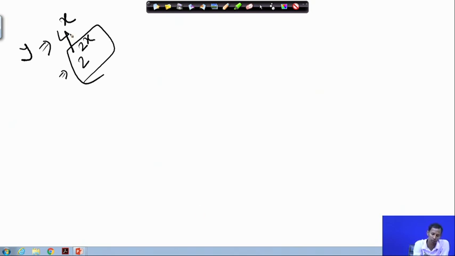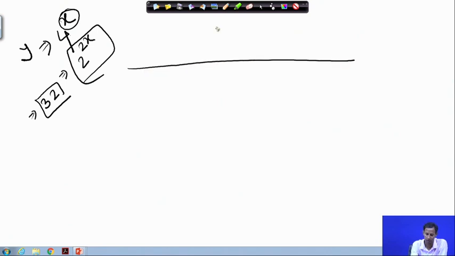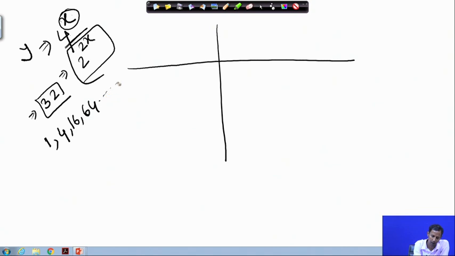So, 4 to the power x means at that time, for a 4 bit input, the output size will be 32 bits. Whenever this is 0 the output is 1, then 4, then 16, then for 3, 4 into 4, 64, something like this, this will change.